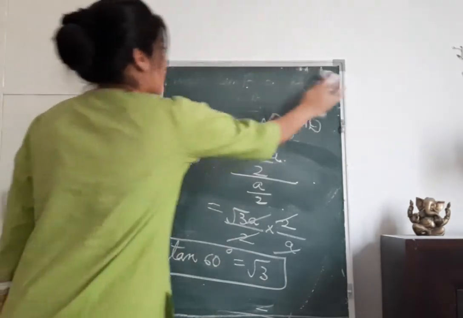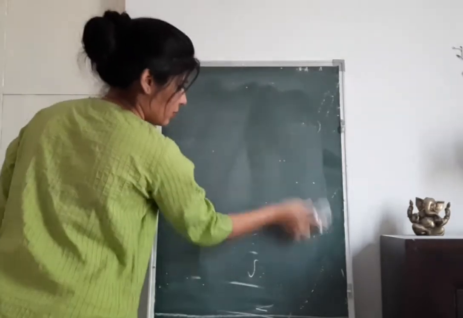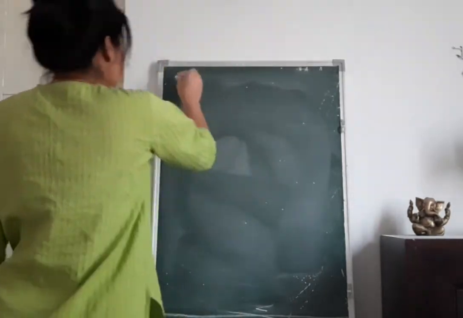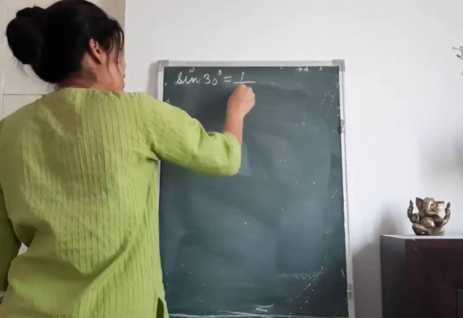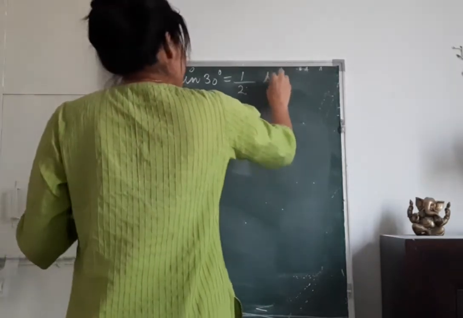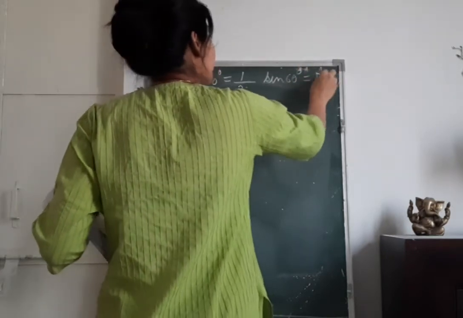Now see, I have found out the value of sin 30 degrees as half. Sin 30 degrees equals half, and sin 60 degrees is equal to root 3 by 2.